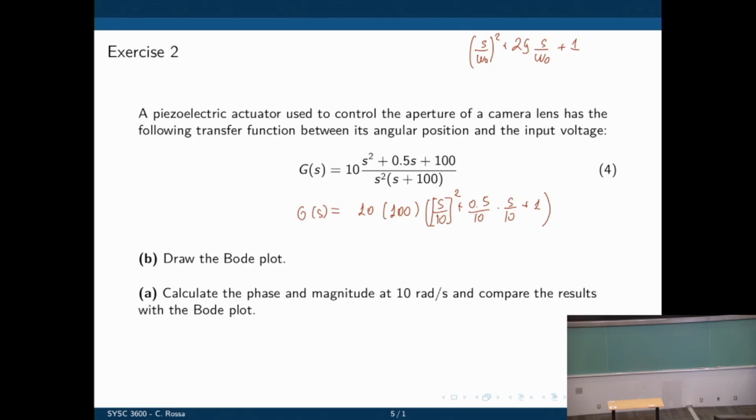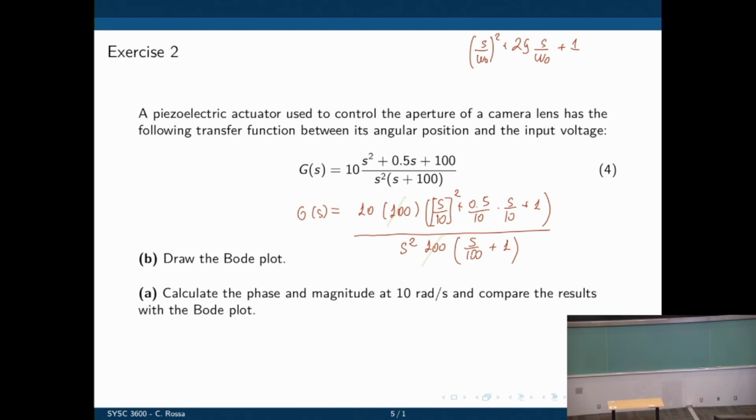Let me find my notes here. And we'll factor out 100. We have S squared times 100 times 1 over S divided by 100 plus 1. The 100 will cancel.